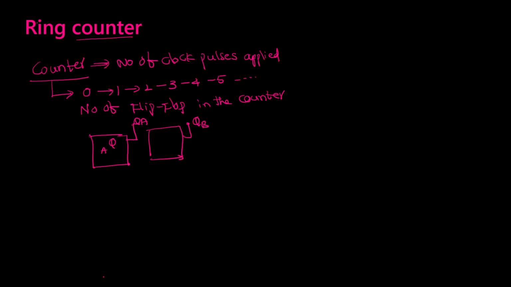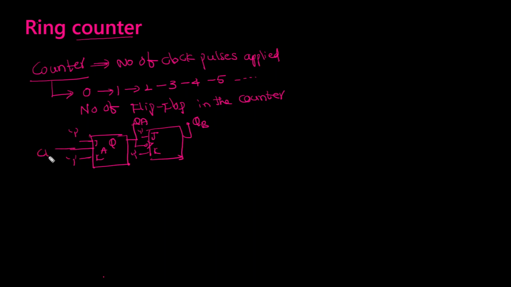So let us assume it is a synchronous counter, or it can be an asynchronous counter. Let us say this is the input, and here we are giving a clock. Let us say this is J and K, this is J and K, this is equal to 1, this is equal to 1. When J, K both are 1s, what is the meaning of that?